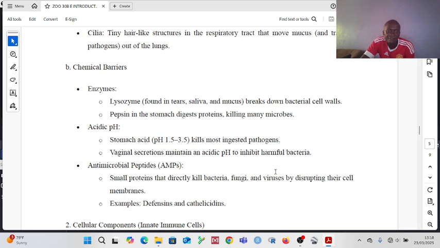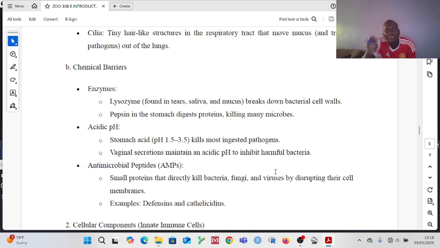Then you have the third category of the chemical barrier as the antimicrobial peptides. So these are small proteins. They are antimicrobial, which means they work against microorganisms. Remember, peptides are the ones that make up proteins. So when you are talking of antimicrobial peptides, these are components of proteins that work against microorganisms.